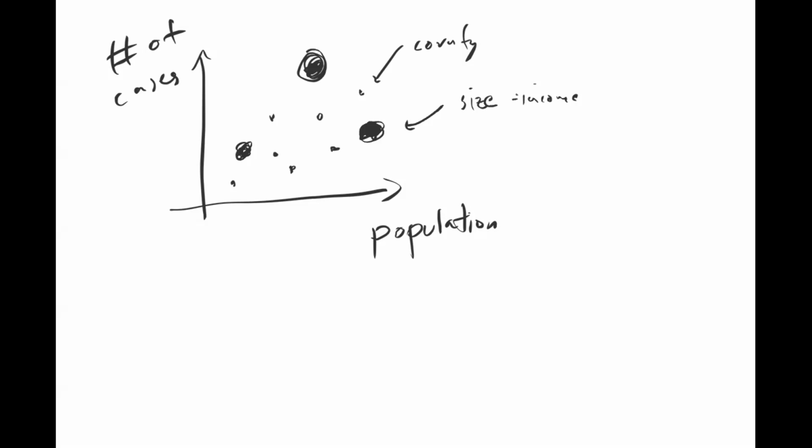Let's see, you could also display dimensions. Say you wanted to add an additional dimension of a categorical variable.